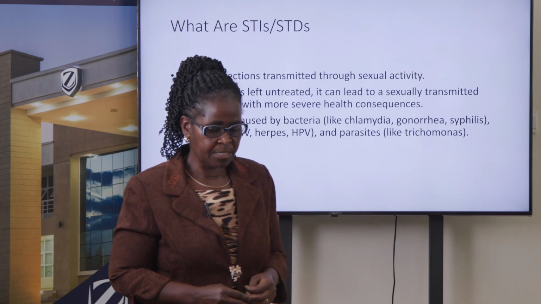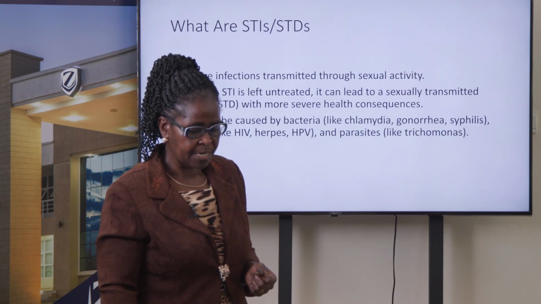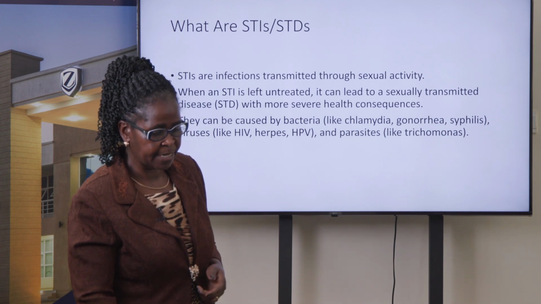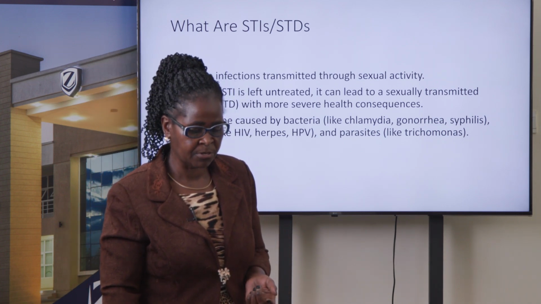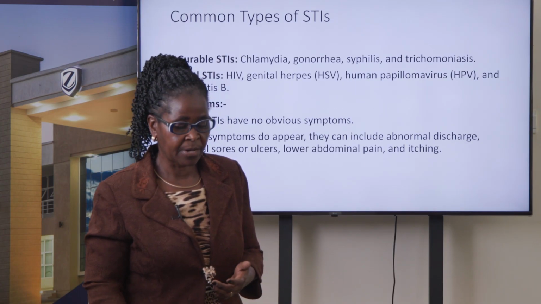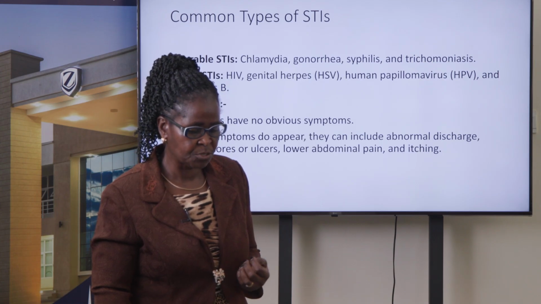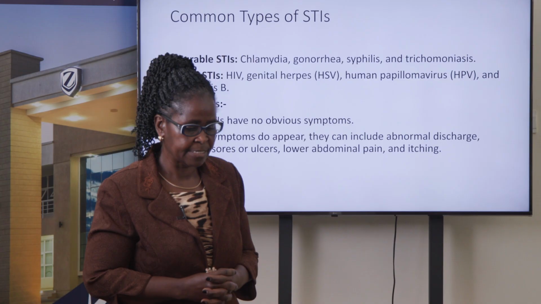They can be caused by bacteria, as we have said. Parasites like trichomonas, viruses like the herpes and the HIV, and then we have the ones that are caused by bacteria like gonorrhea and syphilis. So we've seen the curable ones and the ones that are not curable. Mainly we have said the incurable ones are caused by the viruses.